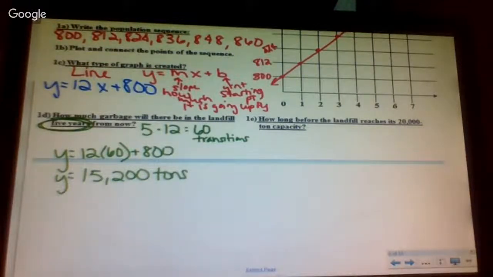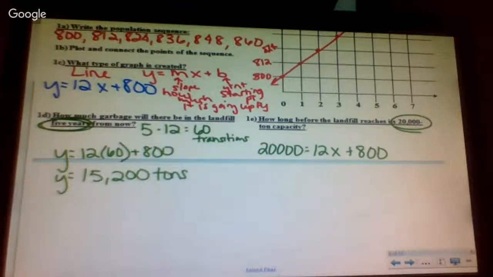How long will it take before the landfill reaches 20,000 ton capacity? So now they tell us how many tons we have. Where do I plug that in? I plug it in for Y. 20,000. That's our maximum. We want to find out how many transitions it takes to get there. So we're solving for X this time.